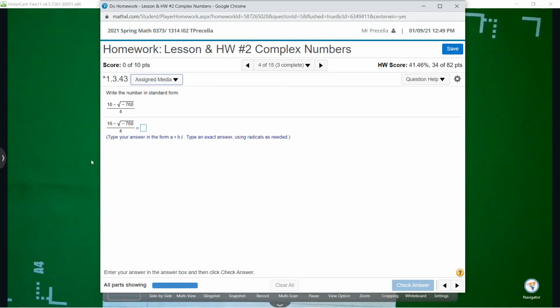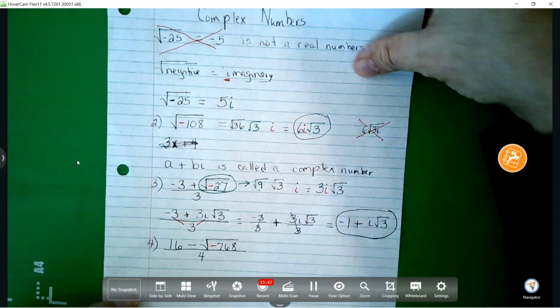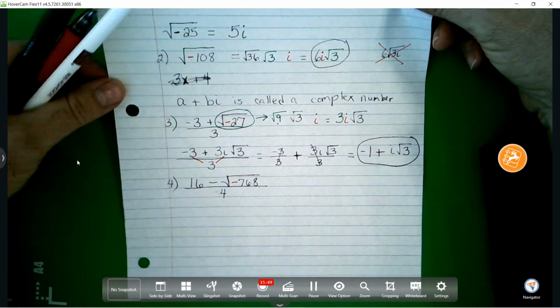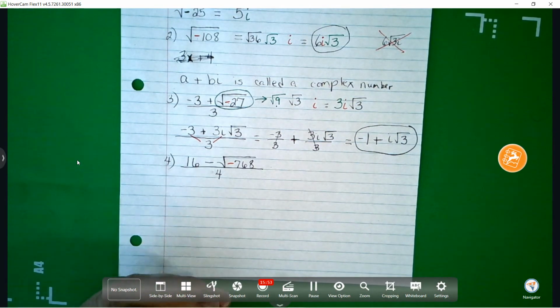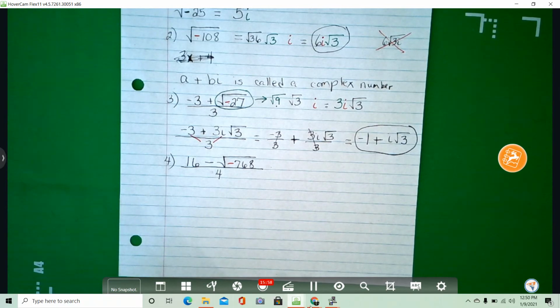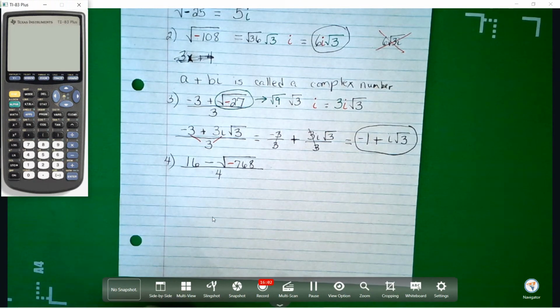Well, let's start off by simplifying. Let me move this up. Let's simplify under that square root, and let me go ahead and pull up a calculator. Okay, negative 768.